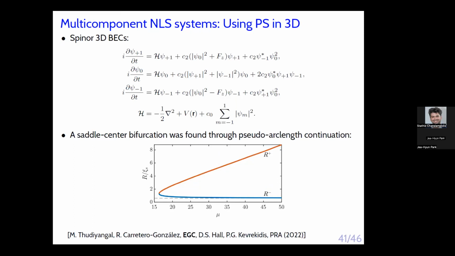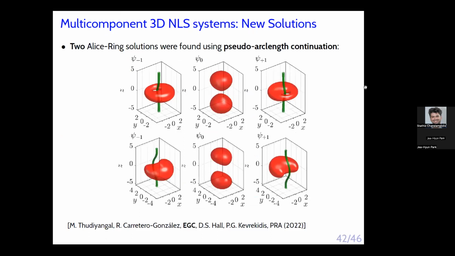You have atoms that are oriented in a specific position, their spin, by using magnetic fields. And we have an experimentalist, David Hall, who carries out such experiments. And we were able to find a branch of solutions of what we call half-quantum vortices. Those are called Alice rings. So those are the 2 branches that we were able to find using pseudo-arclength.